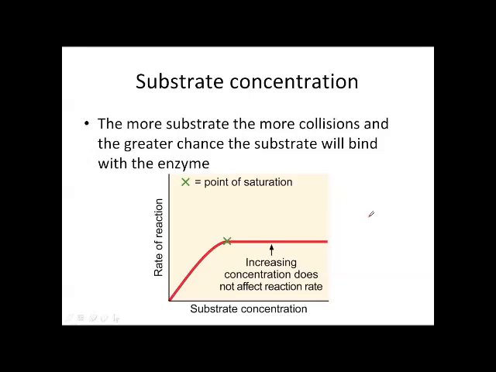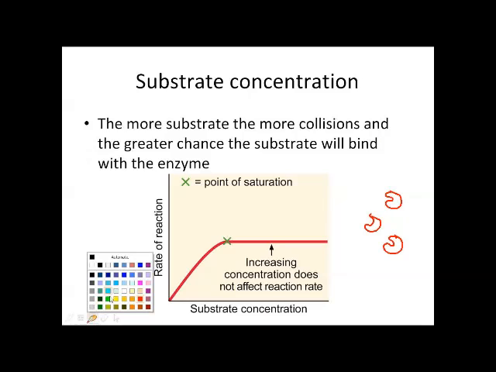I have a whole heap of enzymes. Let's see if I can draw some enzymes. Cool, there we go. I think 3 enzymes will be good enough. And we'll make this a catabolic enzyme. Oh, we'll make this anabolic. It doesn't really matter.